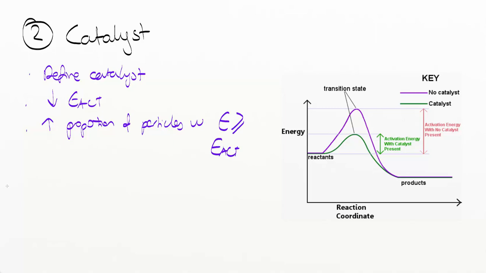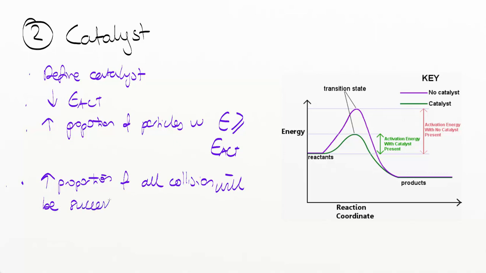As a result, a greater proportion of all collisions will be successful collisions. Remember, in order for a successful collision to occur, we have to have a collision, energy must be greater than activation energy, and correct orientation.